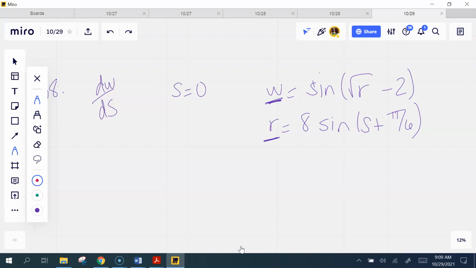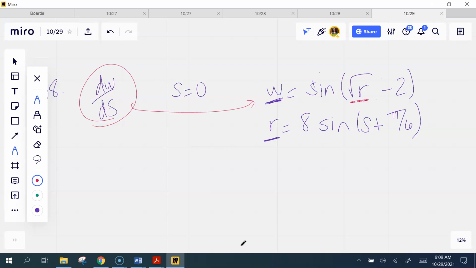Here's what I would do in this situation. I would do dw ds on this one. So I would find the derivative of w with respect to s, which means any other variable in here, I'm going to follow with dr ds.